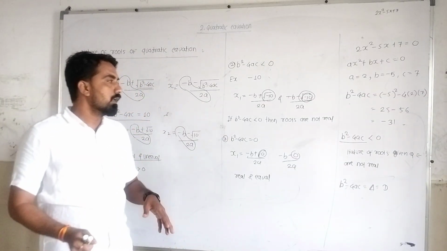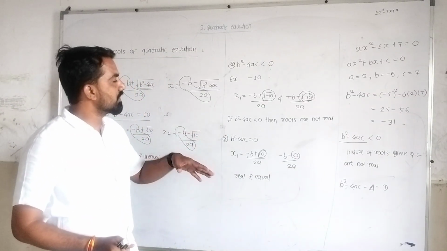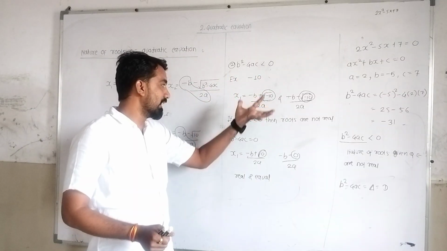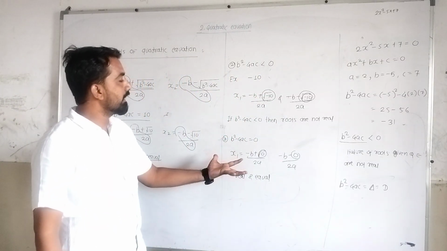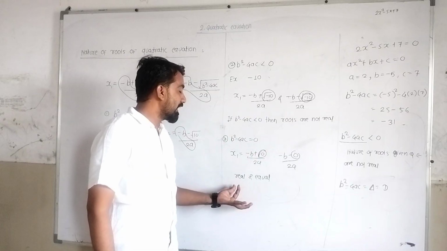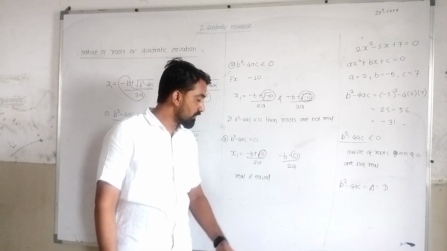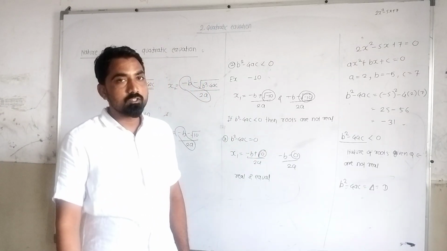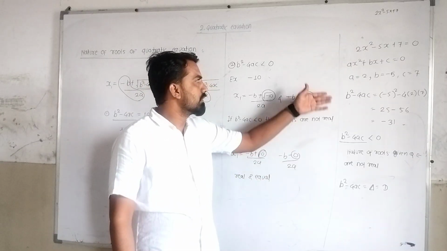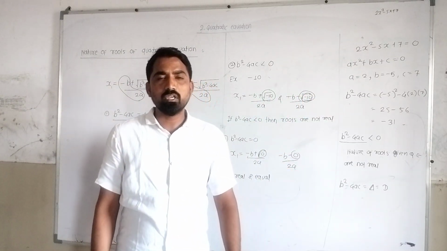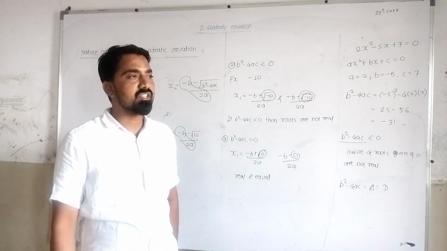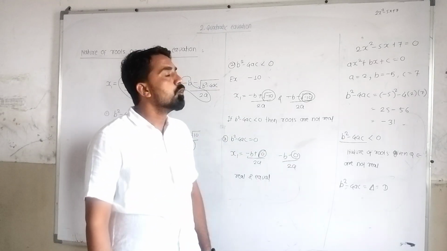If the value of the discriminant is less than 0, the roots are not real, and if the discriminant is equal to 0, the roots are real and equal. So if different questions are given, we can determine the nature of roots of quadratic equations easily. These types of questions can be asked in the board examination for 2 marks.